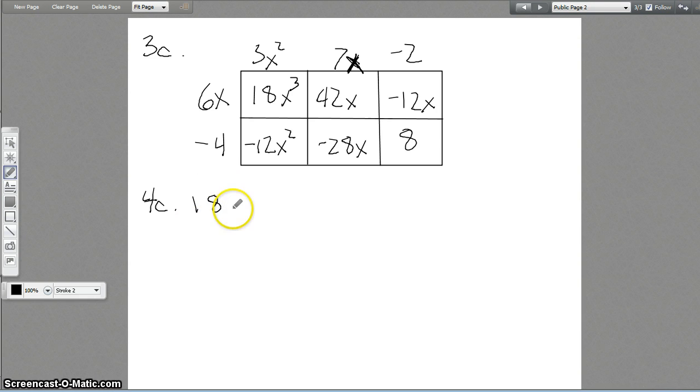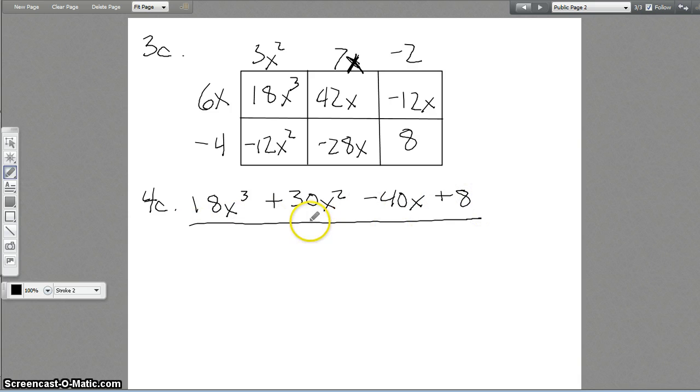The problem is 18x cubed plus 30x squared minus 40x plus 8 divided by 3x squared plus 7x minus 2. Notice what we're dividing by is what we were given at the top here on our equation for 3C.